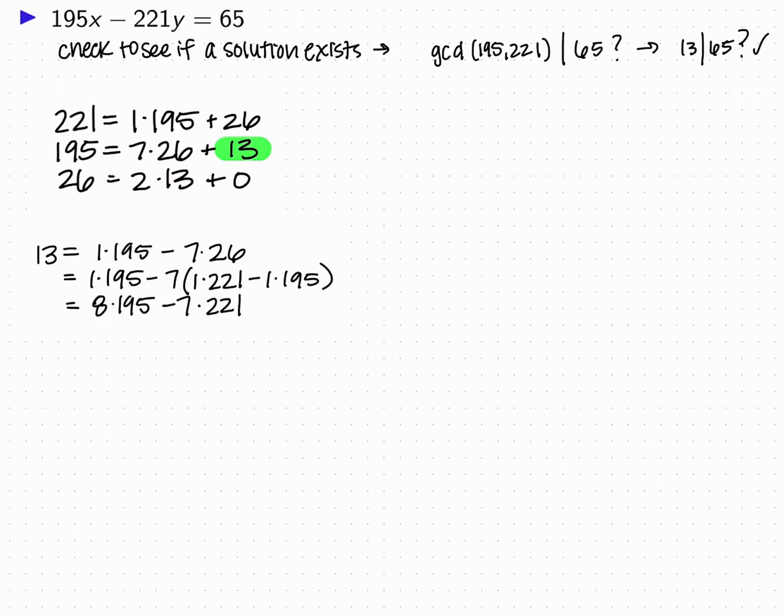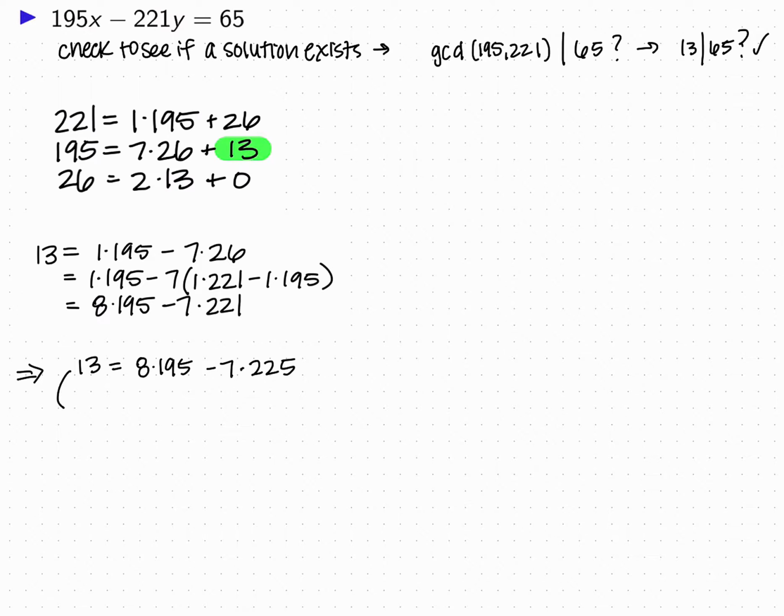So think about what this is telling us. This is saying that 13 is 8 times 195 minus 7 times 221. But notice we want to look back to our original. We want to figure out some solutions, but we want it to equal 65.